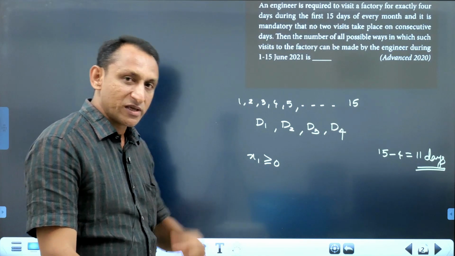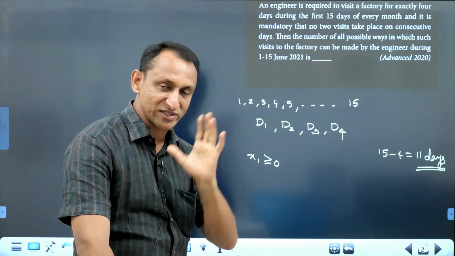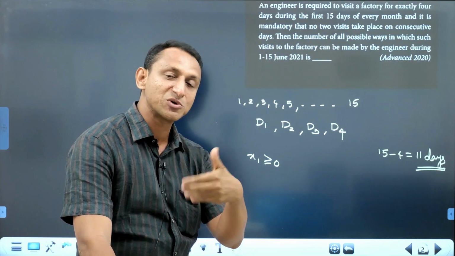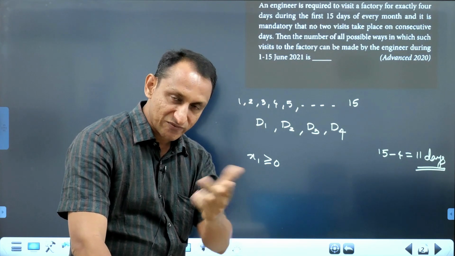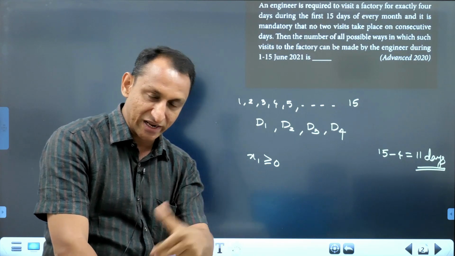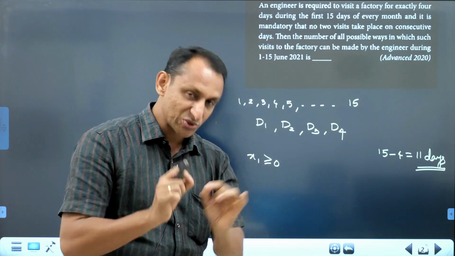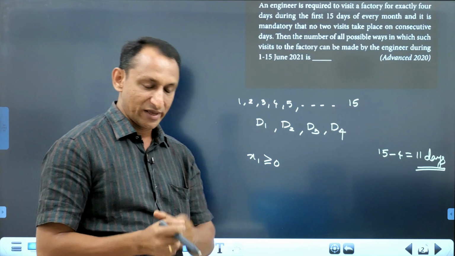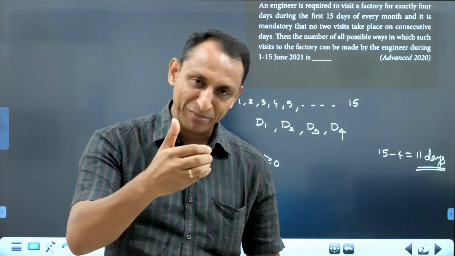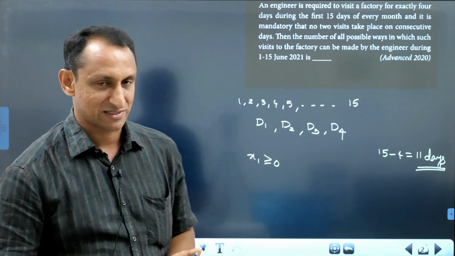Why? If the engineer visits on June 1st, then x1 becomes 0. If the first visit is on June 2nd, then x1 is 1. If the first visit is on June 3rd, then x1 is 2.